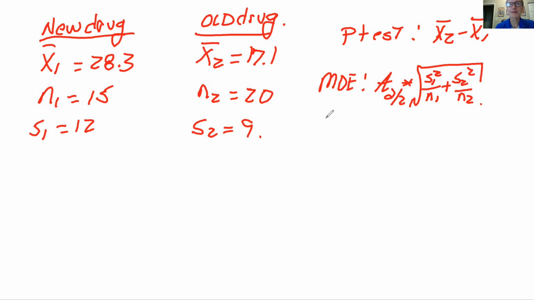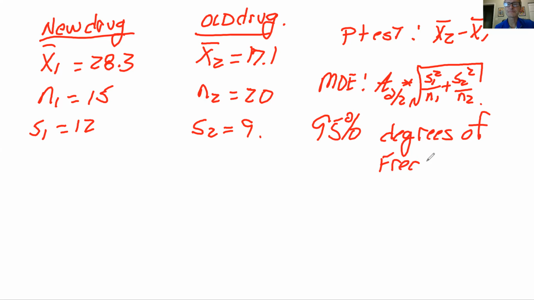We're doing a 95% confidence interval, so what is our degrees of freedom? You remember that term? When you do this by hand, the degrees of freedom is calculated by taking the smallest sample size and subtracting 1.